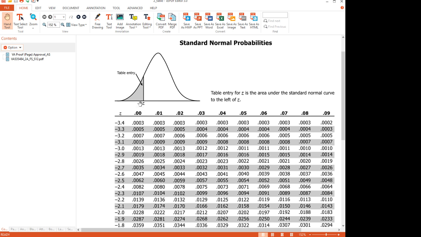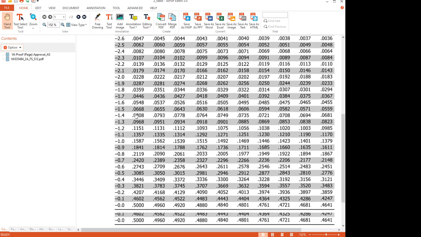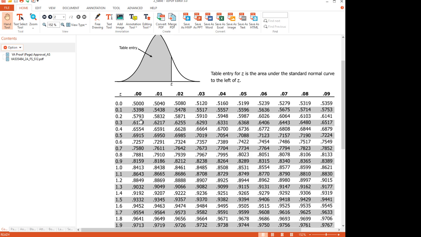So if you want any Z value to the left, the shaded area, this is the portion. Now, what was our score? 1.42, right? So I'm looking at 1.42.